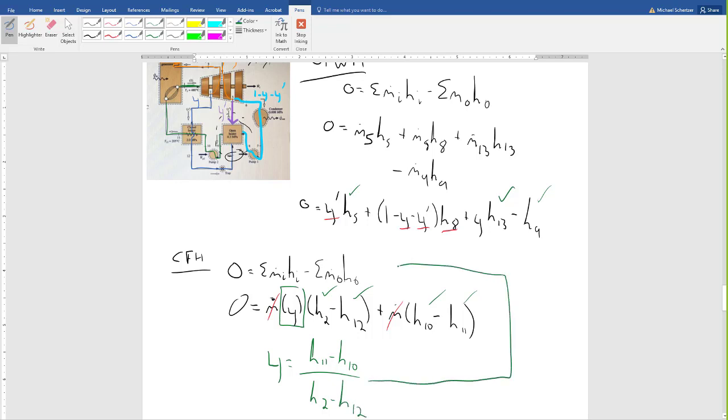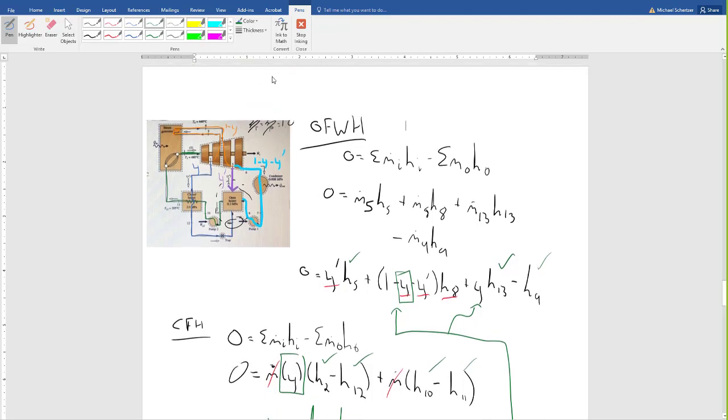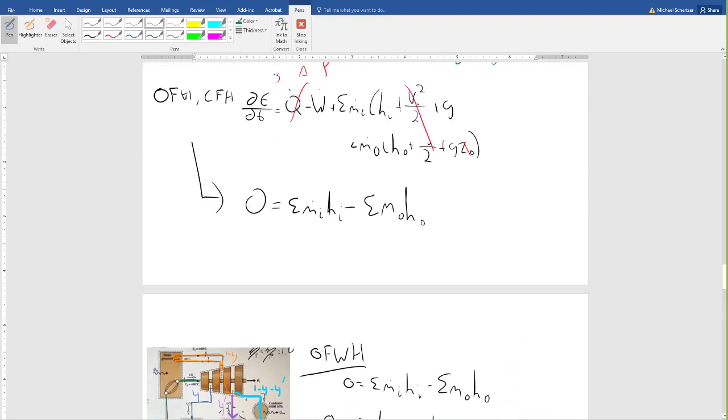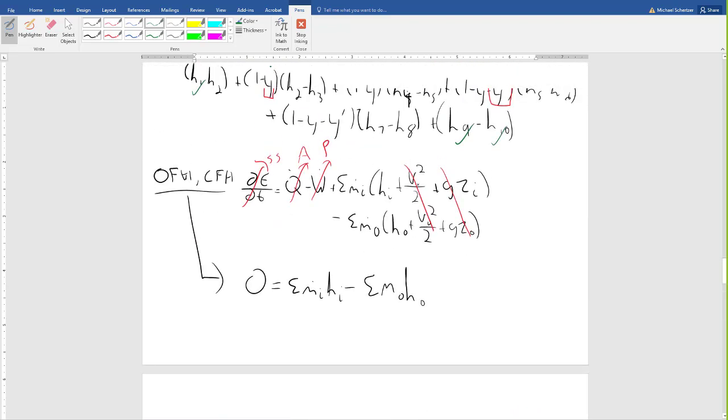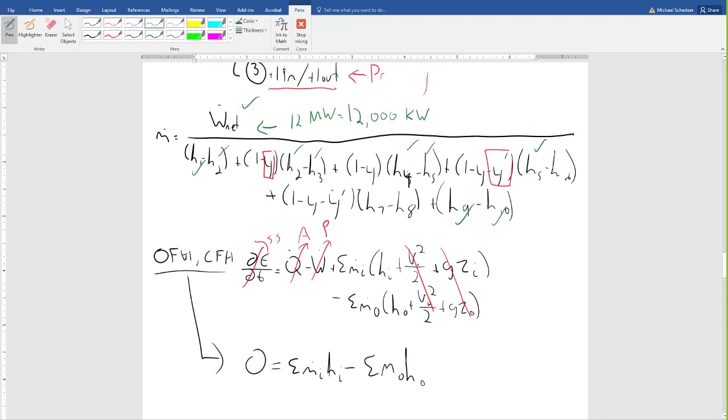I put that up into here because now I know this. And if I could fix state 8, then I could find an expression for y prime as well. Right? Oh, it also goes in here. So if I then could fix state 8, then I could come back in here, right? And start to do this stuff, right?